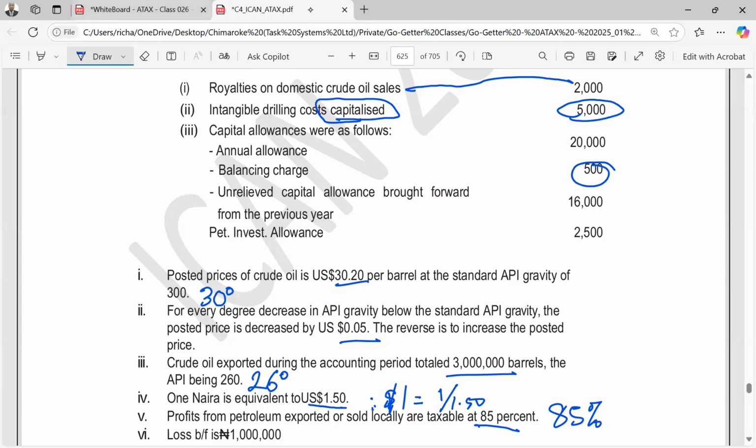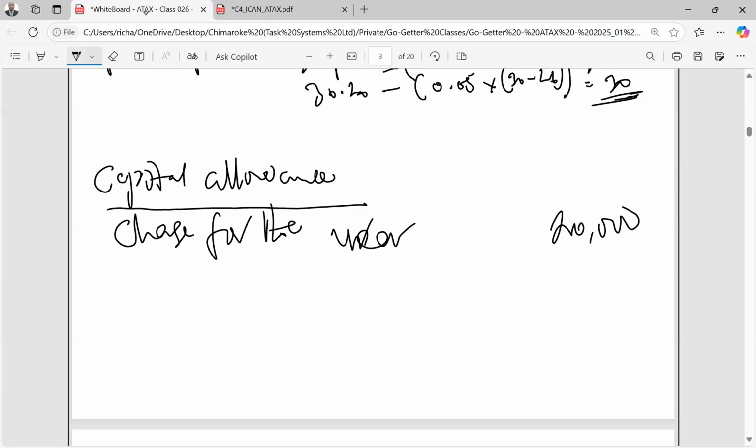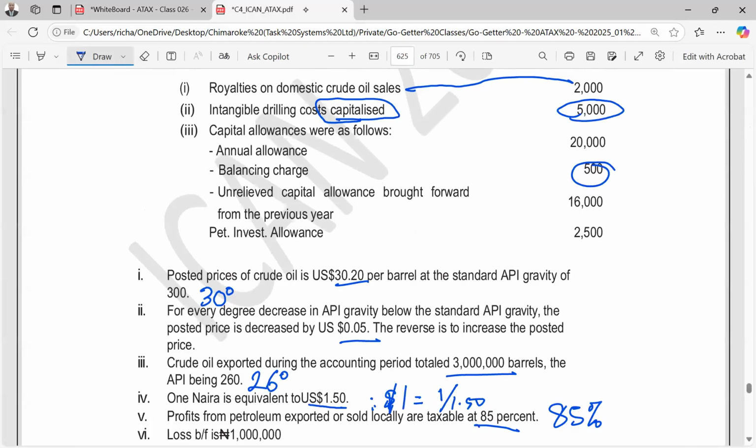Unrelieved brought forward, capital allowance brought forward, 16,000.